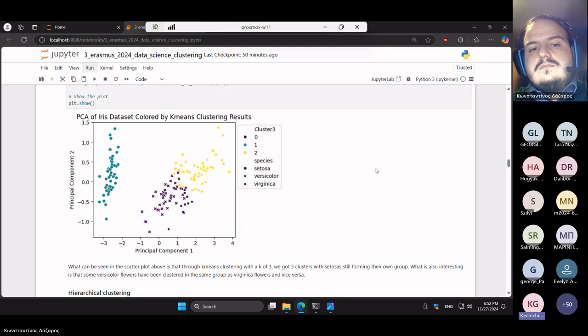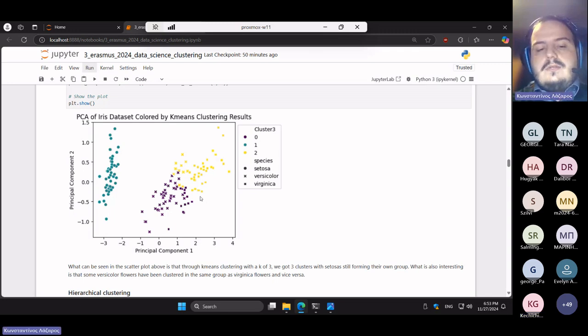So, Setosa, versicolor, and virginica. One of these virginicas and versicolor will be in the same cluster, only one element in our example. Is it true, based on the visualization?